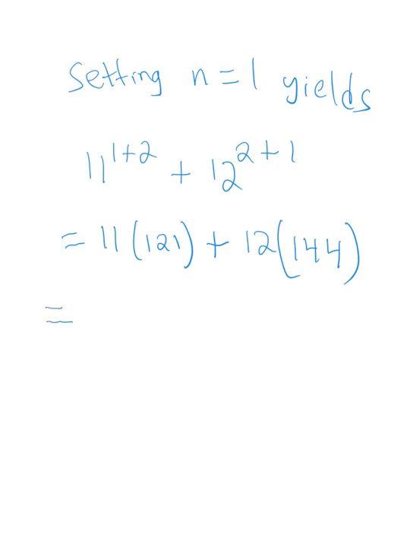So what we're doing is breaking this up in a way that hopefully we can see a 133 in there somewhere. And I think we're going to get it, because 144 is 133 plus 11.